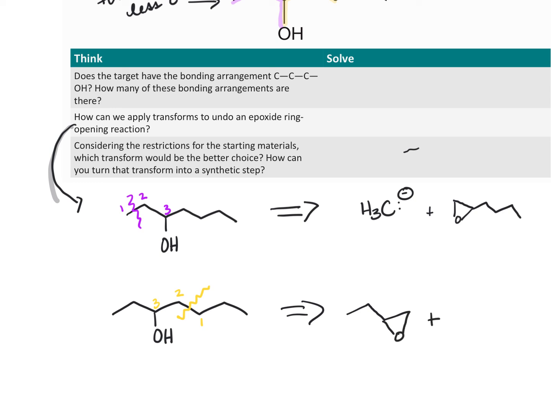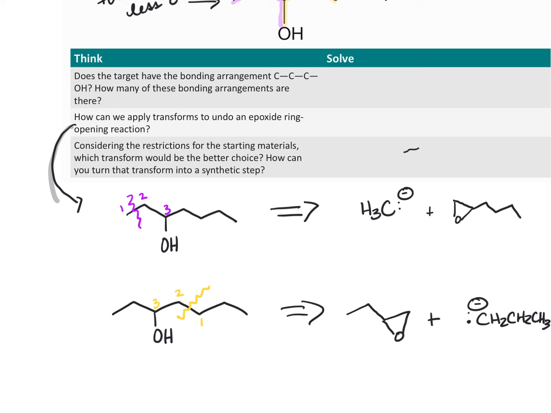And then we would need 1, 2, 3. So it'd be CH2, CH2, CH3. That would need to be the carbanion, right? So either these would be our two options if we didn't want to do anything else.